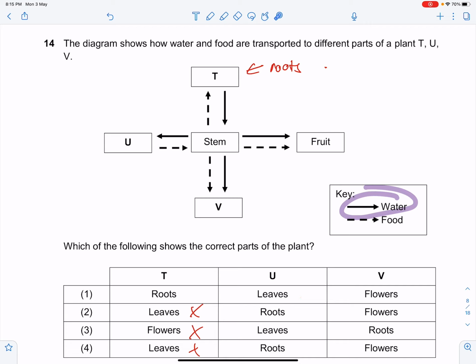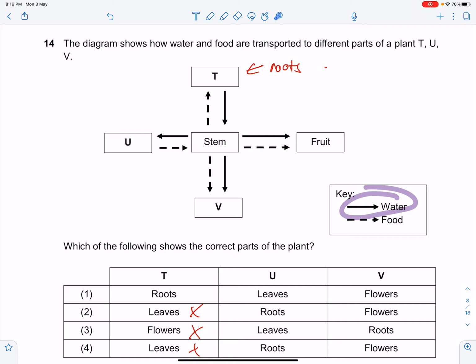When we take a look at it, the leaf generally receives water, and then it makes food which gets transported to the rest of the plant. So that means food usually originates from there. So let's take a look at it. Yes, if you look at the broken arrow, which represents food, this tells me that food is being produced in U and is transported to every other part of the plant.